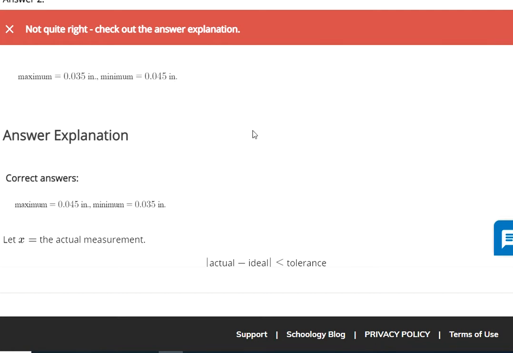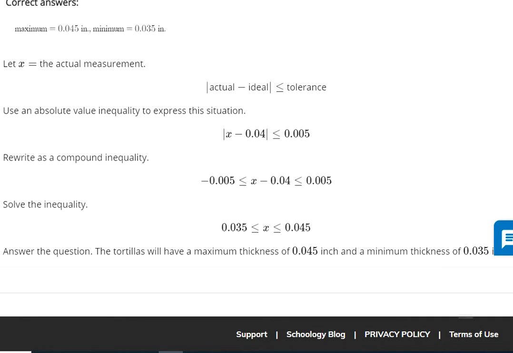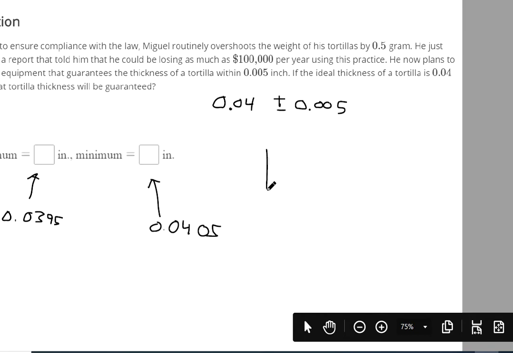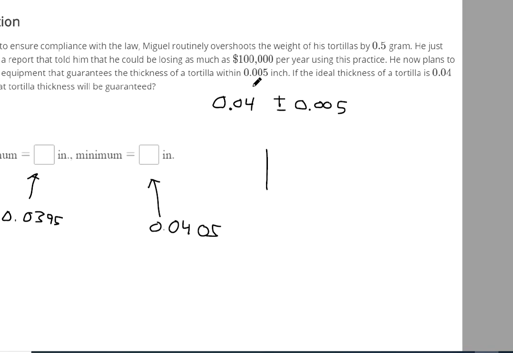What they're doing with this explanation here is they made it into an absolute value inequality, which you could. So if you get this tortilla, we really don't know whether it's going to be 0.005 above or below. If we let x be the thickness, it's a variable. We don't know how thick it's going to be. If x is the thickness of the tortilla, let's make this absolute value.